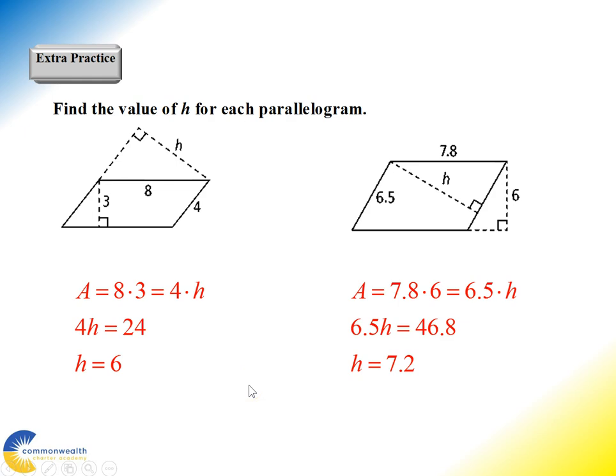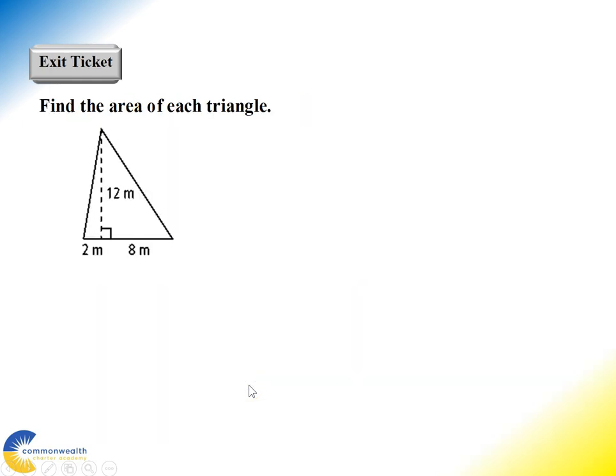The other two questions you were given deal with the area of a triangle. It's just making sure that you know that the formula is 1/2 the base times the height. Sometimes you have to be careful about what measures to be the base. Here they give us a triangle. I have the dotted line which represents the height of 12 meters, which means that the bottom side of this triangle is the base.